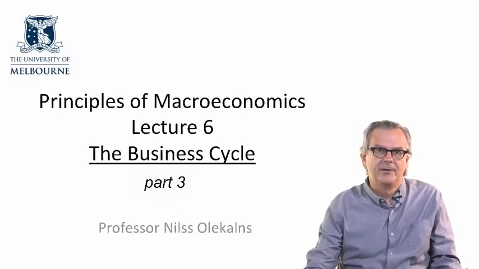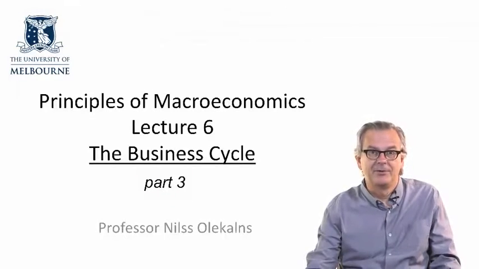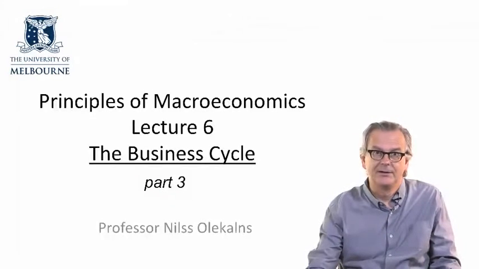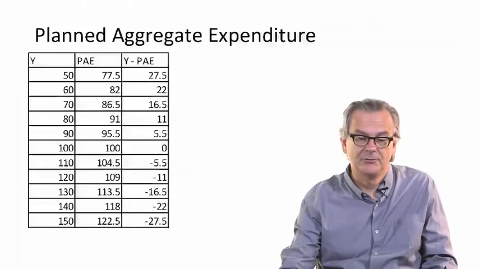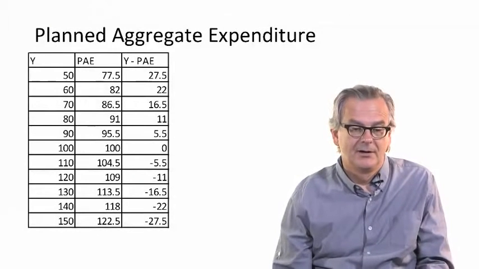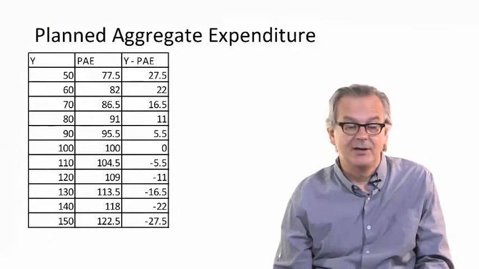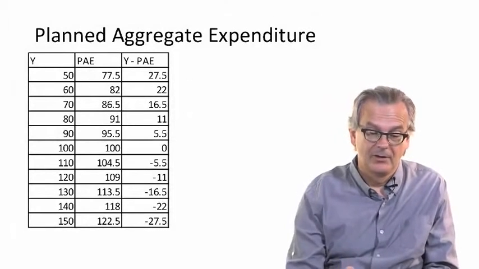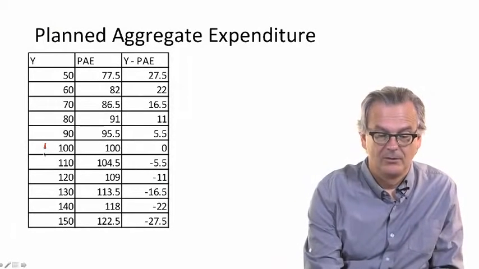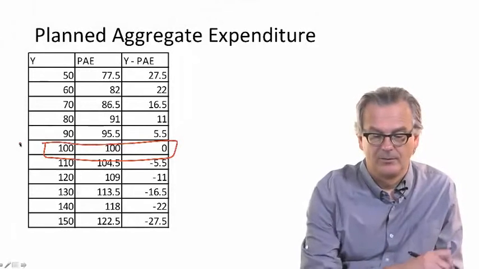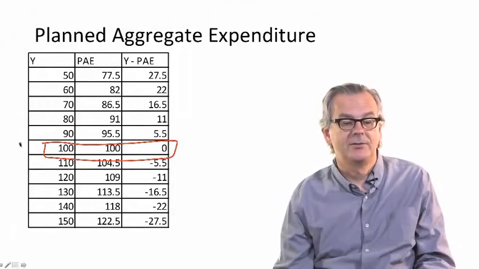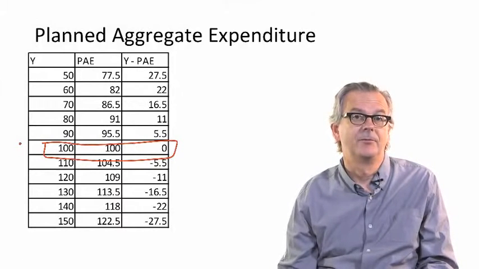The economy that we are working with, our hypothetical economy, to illustrate the basic Keynesian model, reveals to us the unique equilibrium which occurs when the economy's GDP is 100.